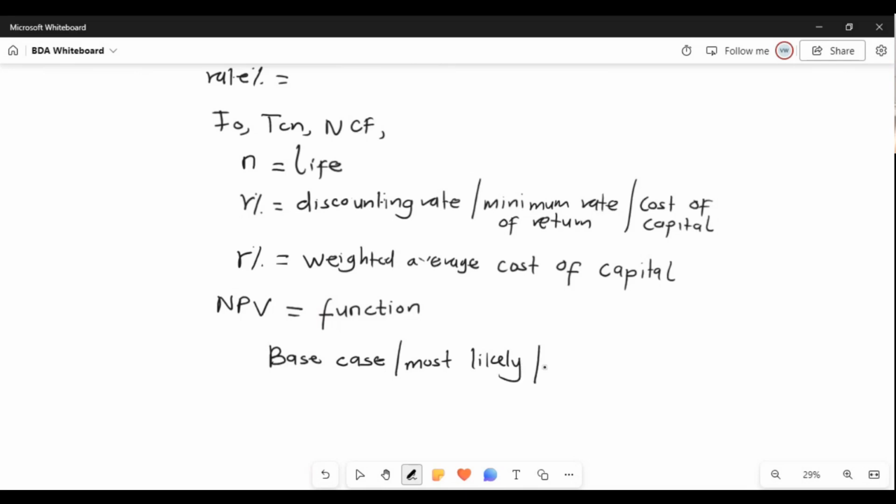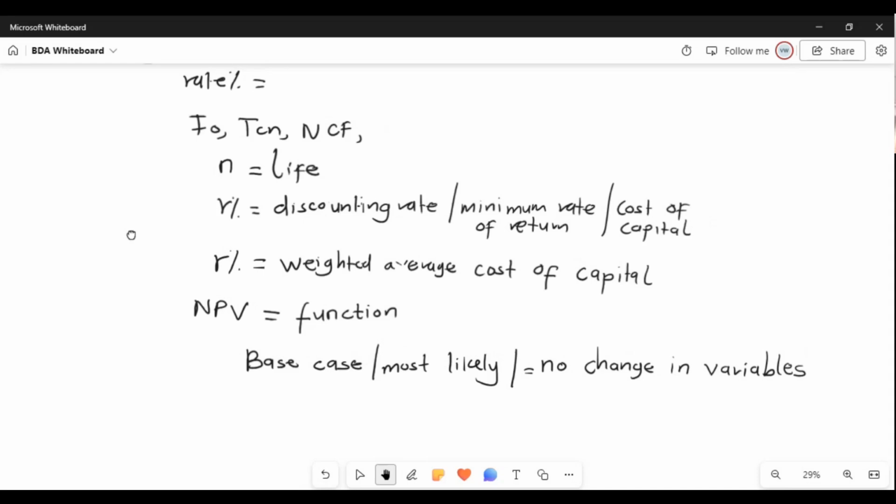This is the NPV that we get assuming no change in variables. So the NPV that we compute for the first time without making any adjustment is what we consider the best case NPV.